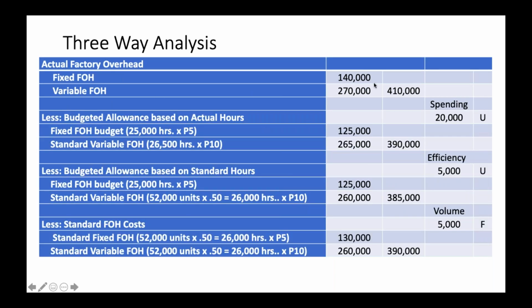Three-way analysis, actual, budgeted allowance based on actual hours, 26.5, normal capacity. So we have a spending variance of 20,000. Budgeted allowance based on standard hours.